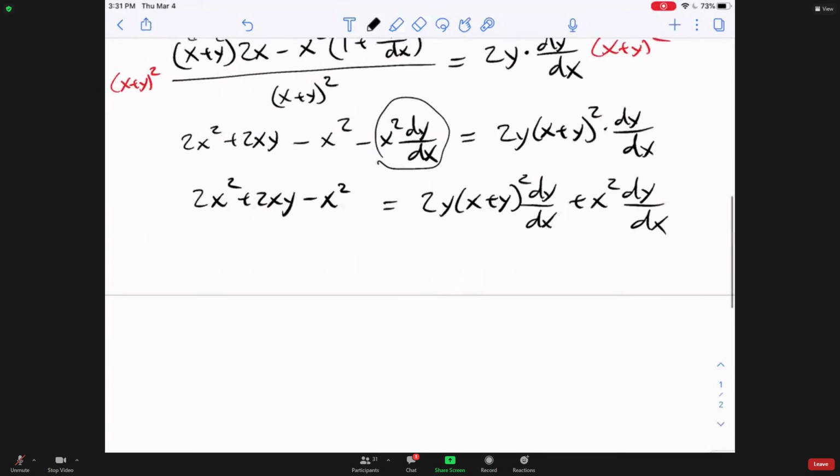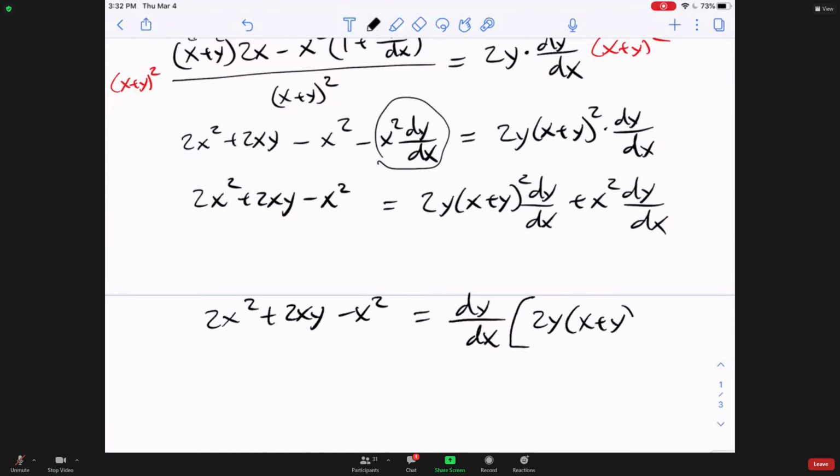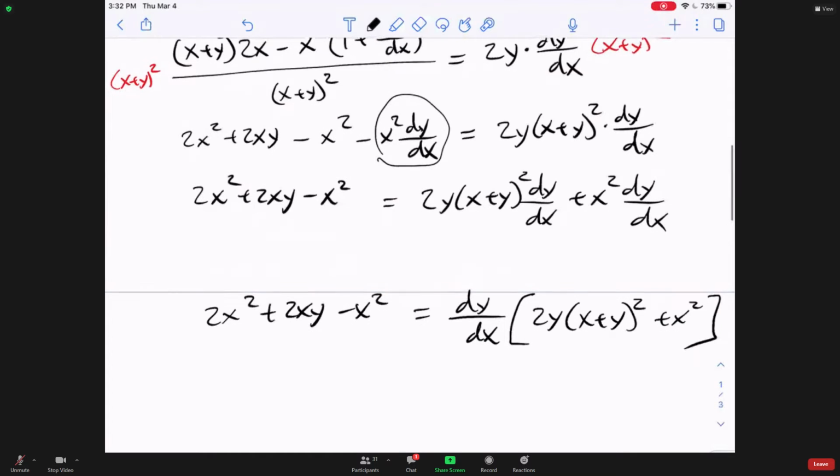Factor out the dy over dx. Divide by what's inside the bracket. Now I know that what's inside the bracket there is a mess.